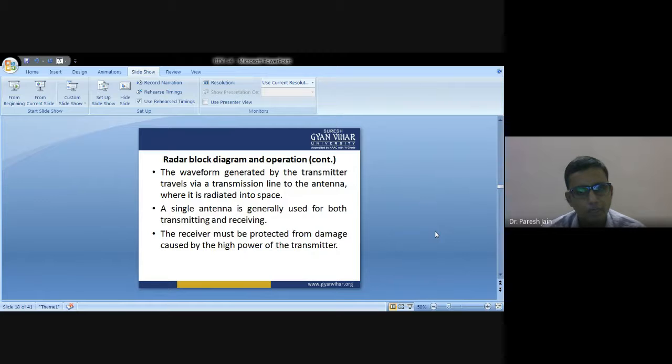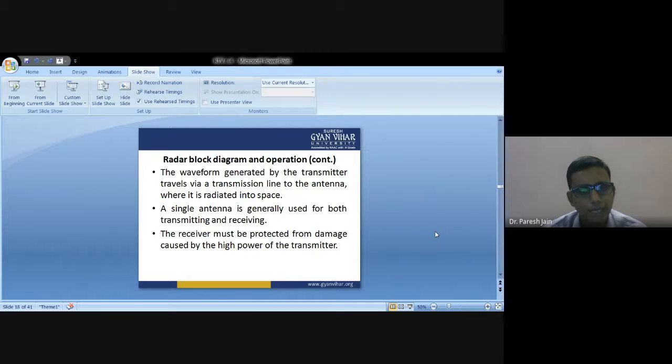That pulse is modulated by the modulator section, and this pulse is transmitted via the transmission line, and it travels to the antenna, and it is radiated into space as electromagnetic waves or radio waves.